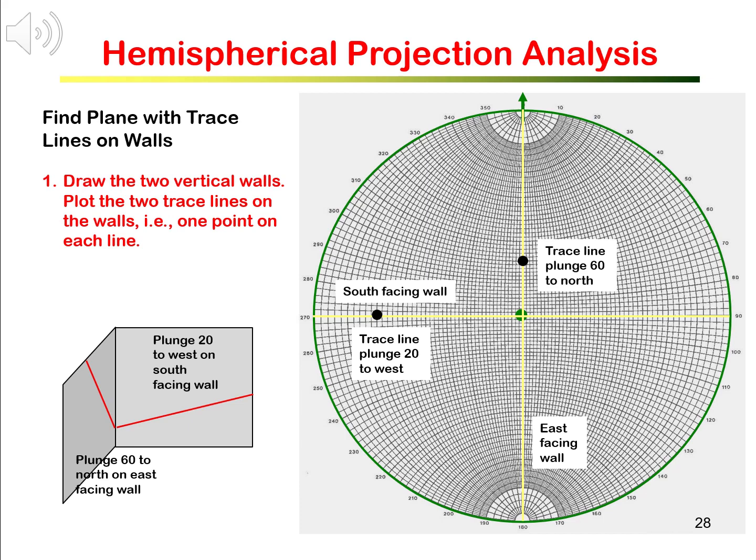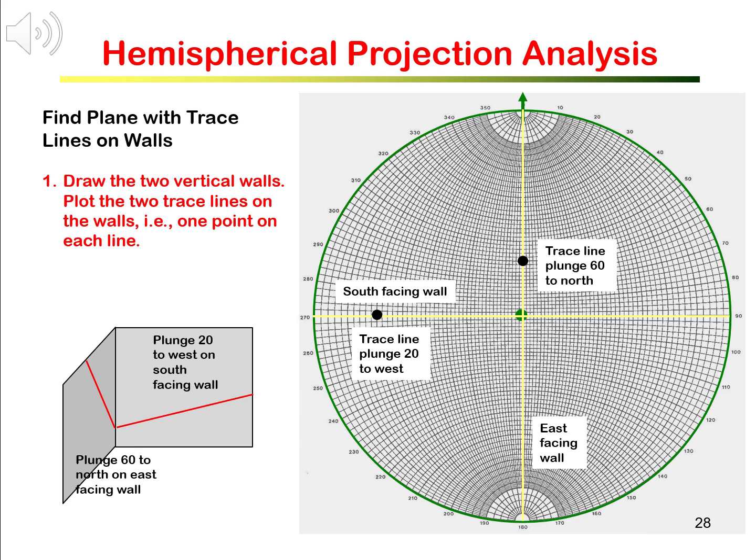Then we can plot the two trace lines on the walls. On the south-facing wall, which is a horizontal diametric line, we count 20 from the west, as it has plunged to the west. And this point represents the trace line plunging 20 degrees to the west on the south-facing wall.